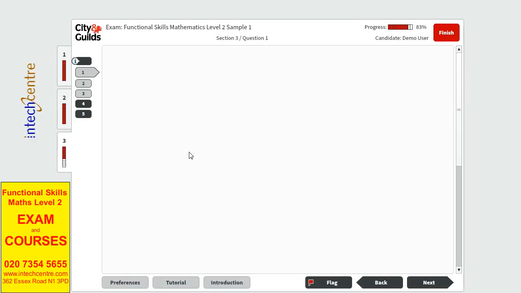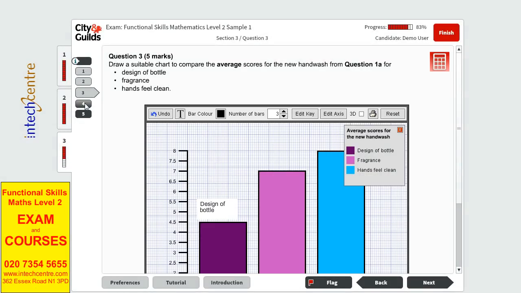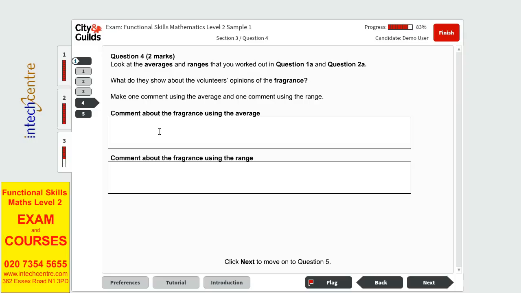So if we go back to the last question that we were on, no, this is the bar chart here. So based on the 7 out of 10, we can say that the volunteers generally liked the fragrance. Comment about the fragrance using the range.